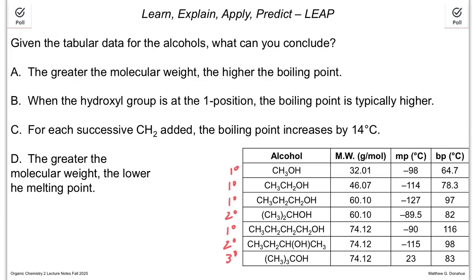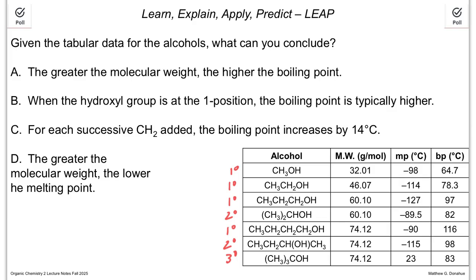So if we add in the classification of the alcohols, the trend is primary alcohols will have, in general, higher boiling points than secondary or tertiary. And really that's sort of the availability of that OH group to hydrogen bond.